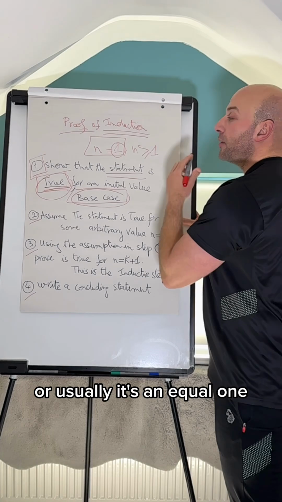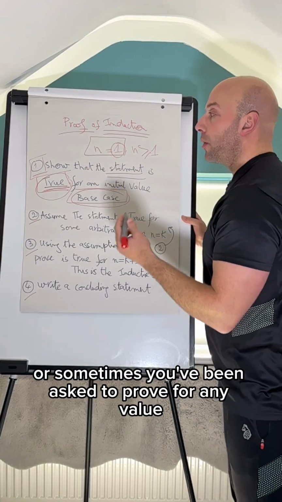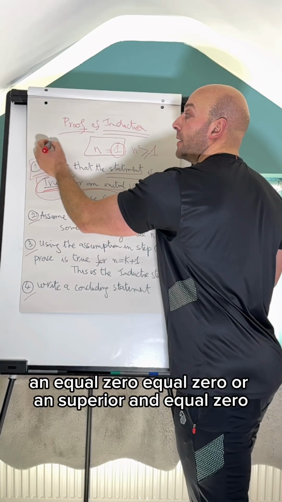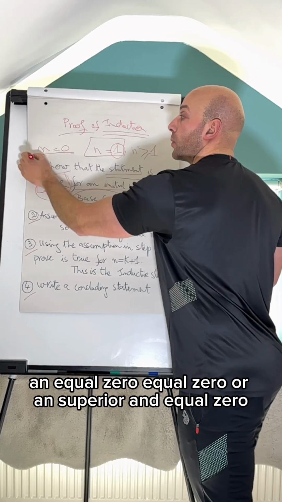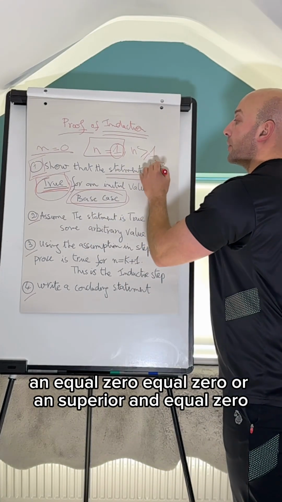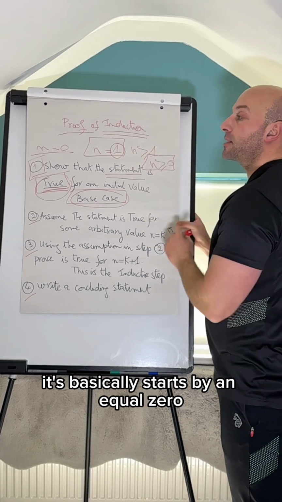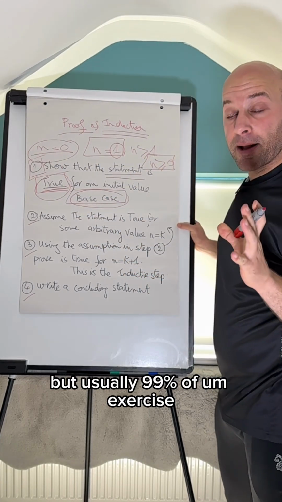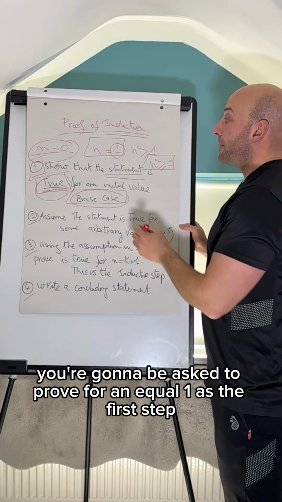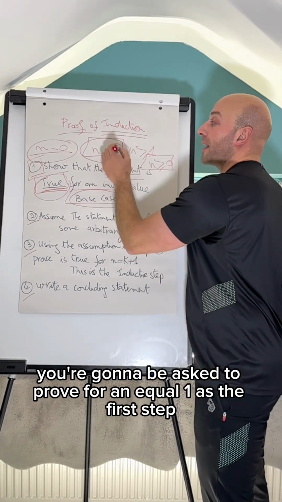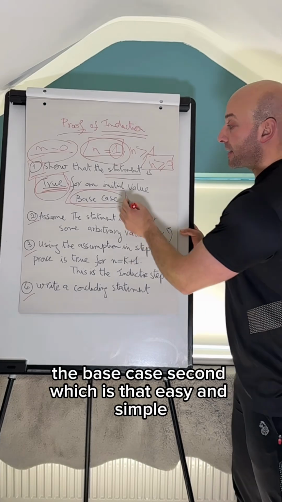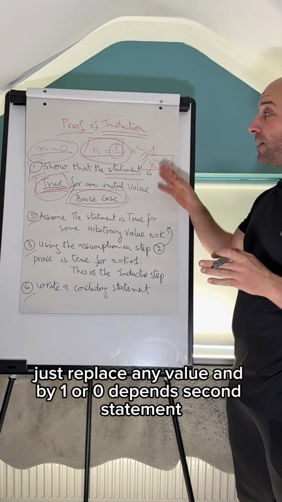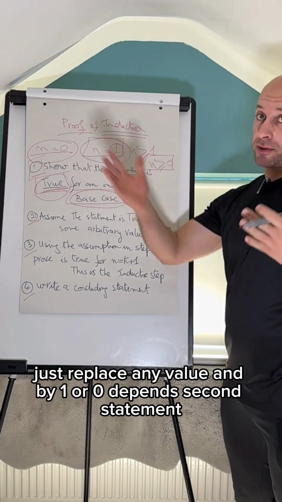Usually it's n equals 1, or sometimes you're asked to prove it for n greater than or equal to 0, so it starts at n equals 0, but in 99% of exercises you're going to be asked to prove it for n equals 1 as the first step, the base case. That's easy and simple: just replace n by 1 or 0, depending.